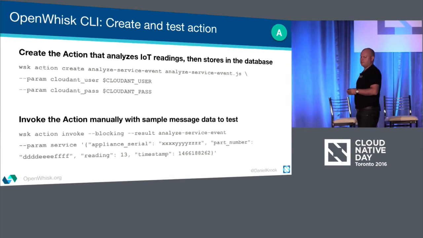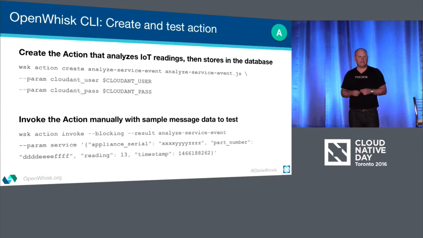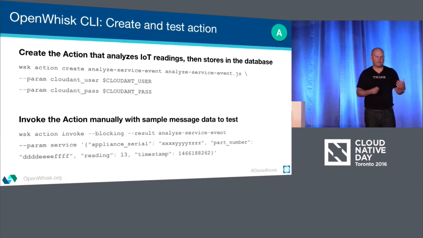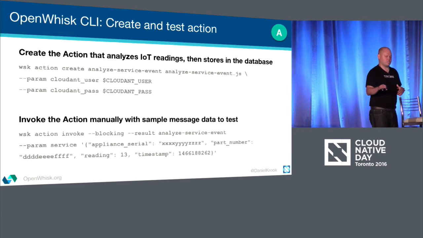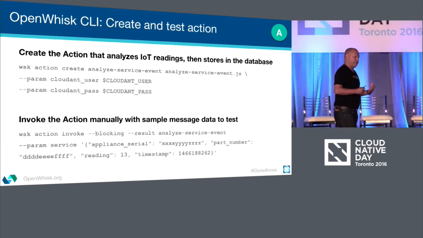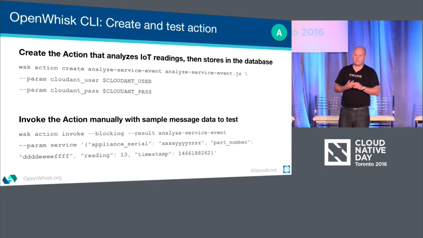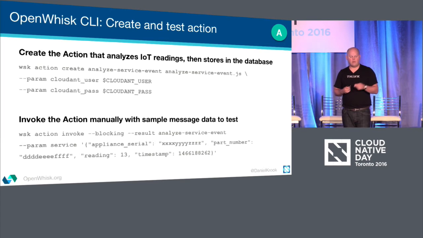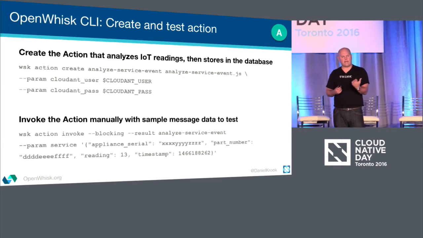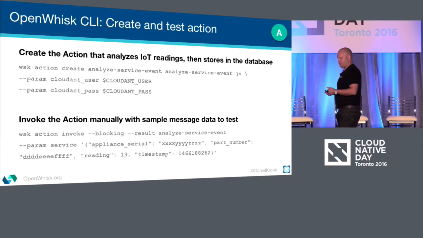Here it's analyze-service-event.js, named analyze service event, and given a set of Cloud credentials that are injected as parameters to that function. And then I can iterate on that outside of the actual messaging environment by invoking it directly with some sample code and getting the logs directly sent back to me in an asynchronous manner so that I can test that my logic works.